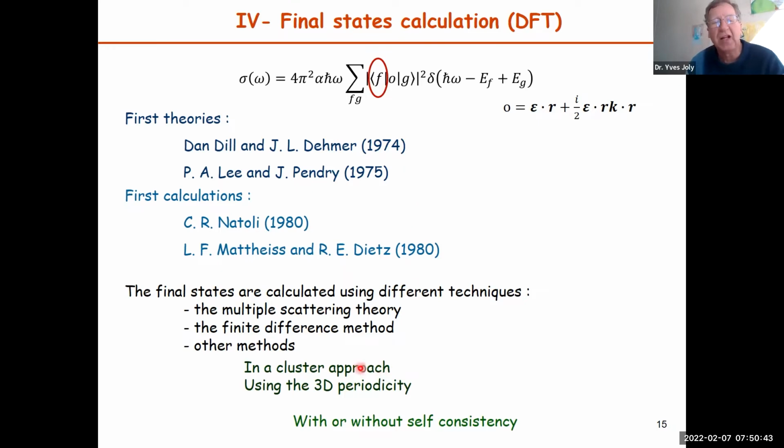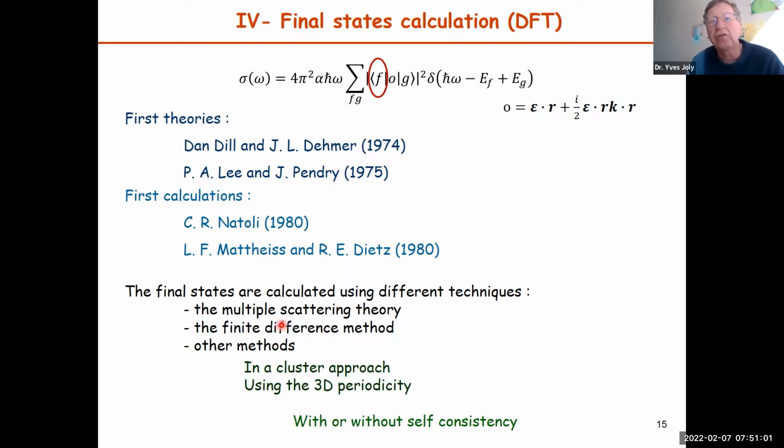You can use the 3D periodicity, so use the band structure calculation, but you can also perform the calculation using a cluster approach, like if it was a molecule. So you make a cluster around the absorbing atom, as done in FDMNES.